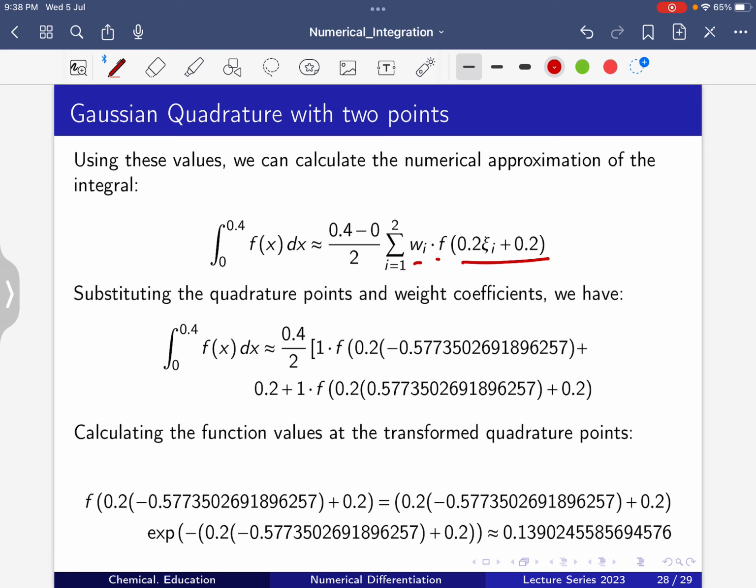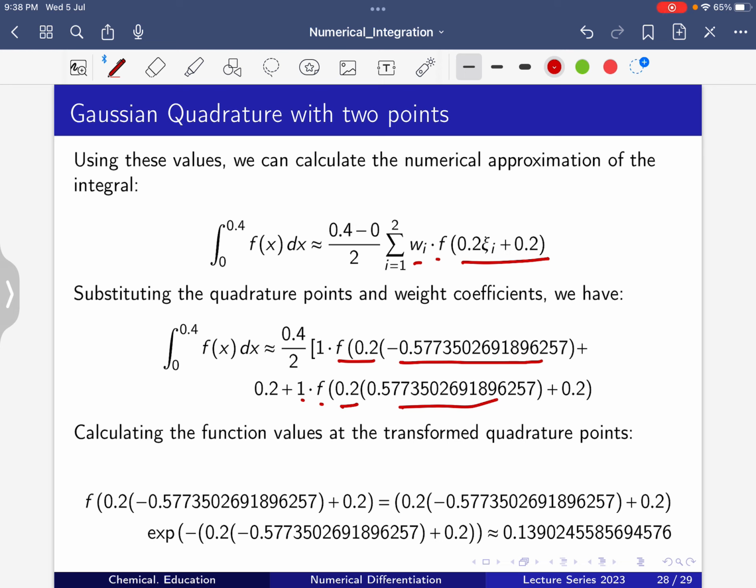So here that will be w1 and f of zeta 1 plus 2, and so on. Now if I put all these values, the integral from 0 to 0.4 of f(x) dx is 0.4 by 2 times 1 into f of 0.2 zeta 1 plus 0.2, plus 1 into f of 0.2 zeta 2 plus 0.2.